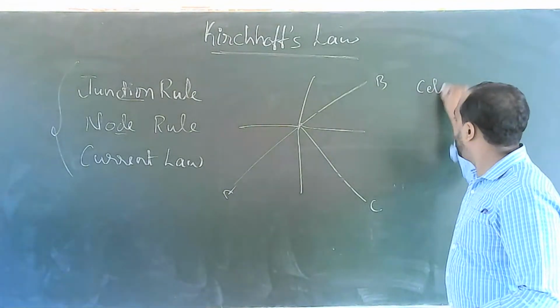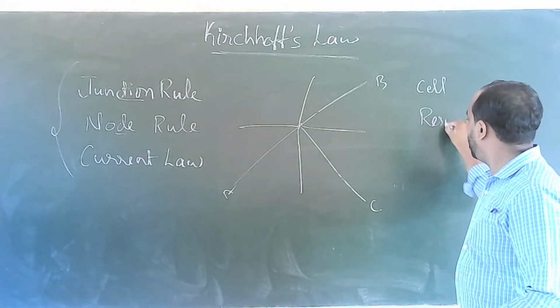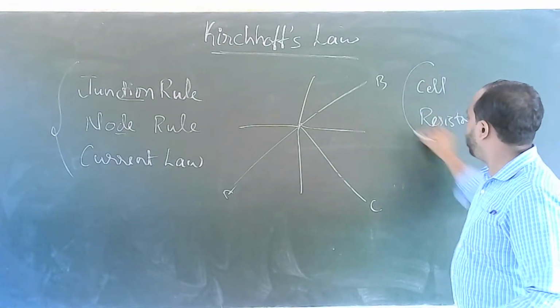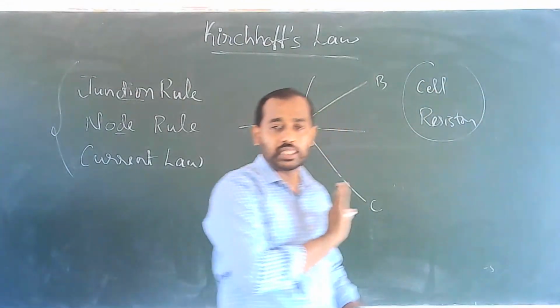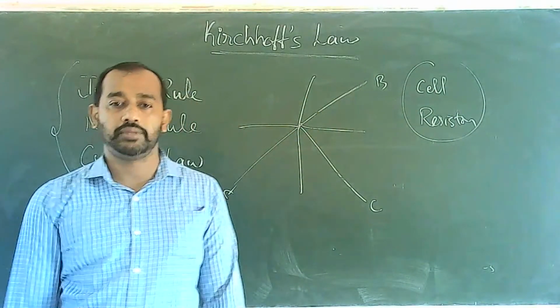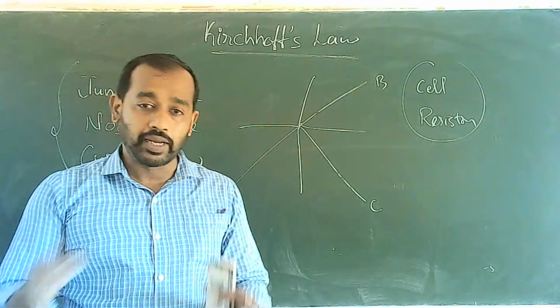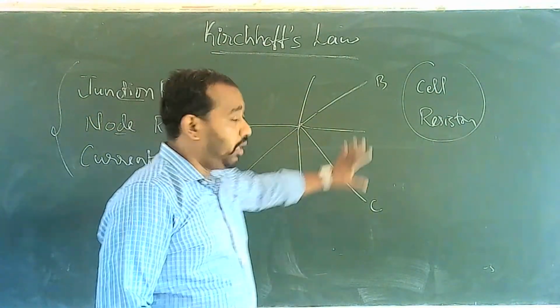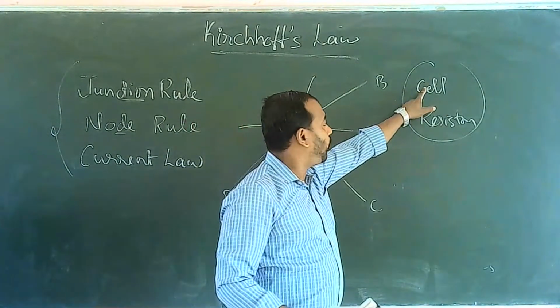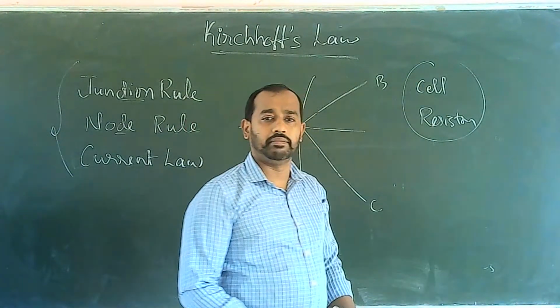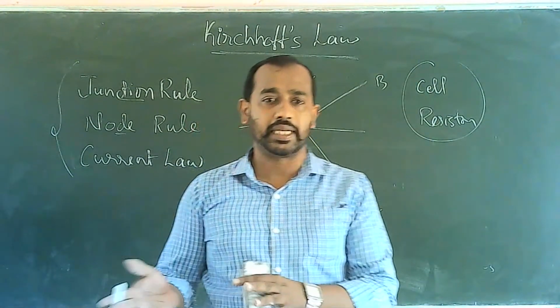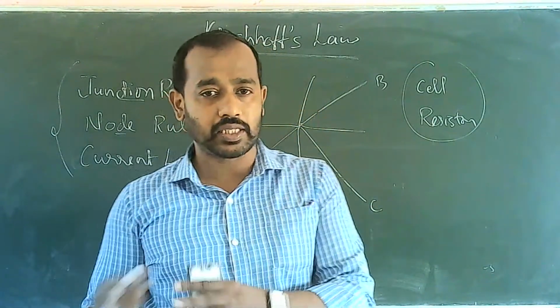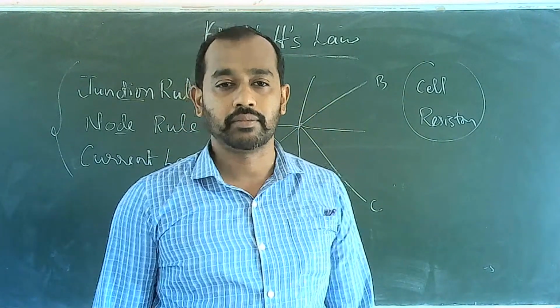One is the cell, the other one is the resistor. Only these two components are considered throughout this chapter. So in a complex network in this chapter, we can find only these two components. There may be a number of cells connected, and a number of resistors connected in different ways.